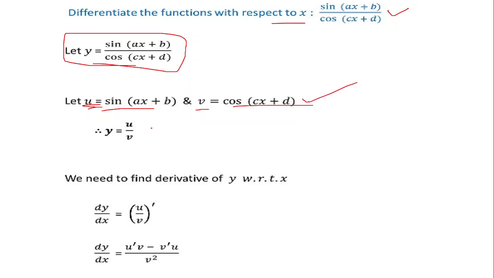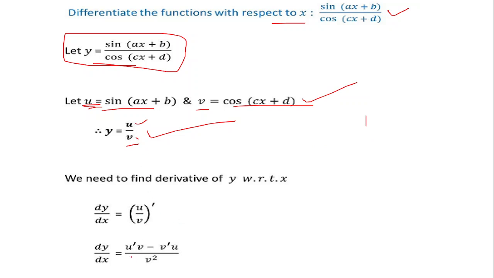So let me use this quotient rule. You should know this quotient rule. Okay, let me differentiate this. See, whenever differentiating this type of problem, when you have a numerator and denominator, or a fraction, or a p by q form, then you need to differentiate like this only.